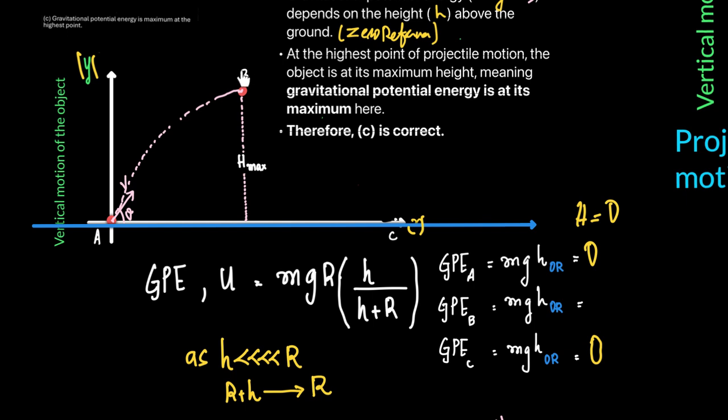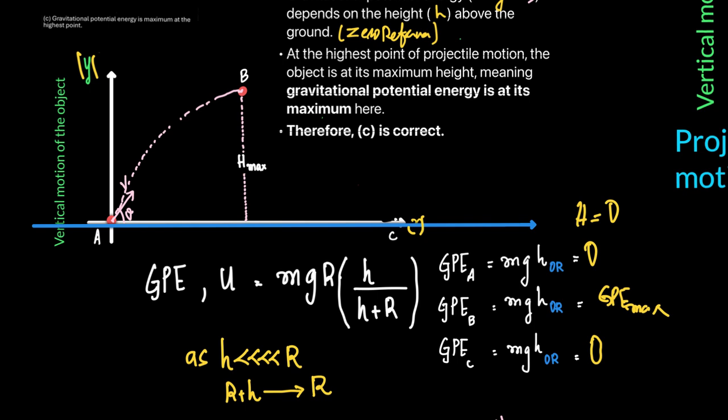Now at B, what is gravitational potential energy at B? It will be equal to mass into g into height of this point B with respect to the zero reference. And with respect to zero reference, this height is h max, and therefore GPE should be equal to GPE max.